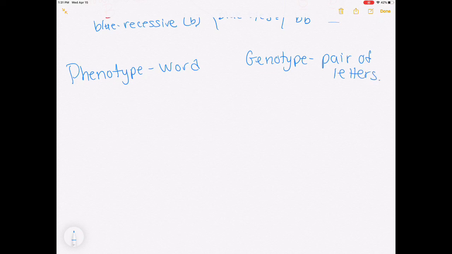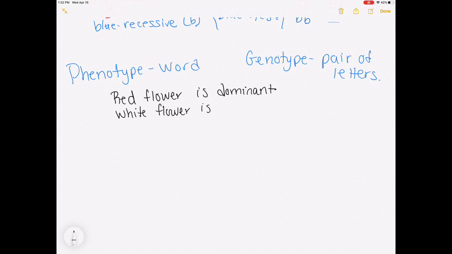Let's talk about flowers. Let's say having a red flower is dominant and having white flowers is recessive. So we always want to use the letter of the dominant trait.